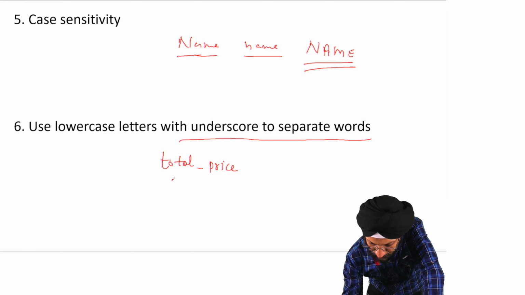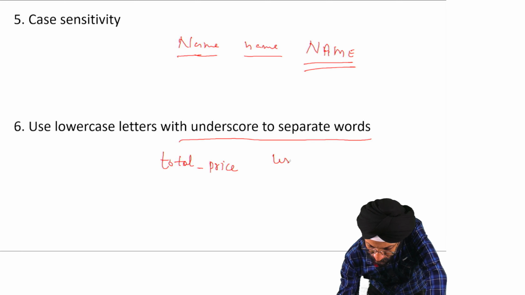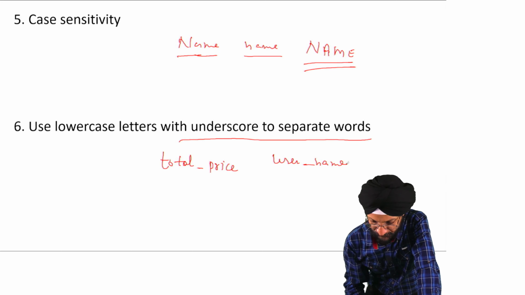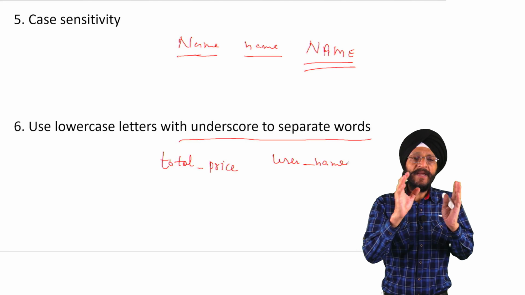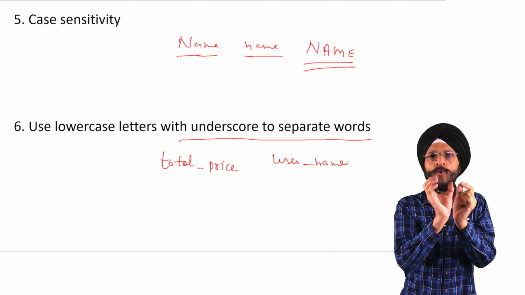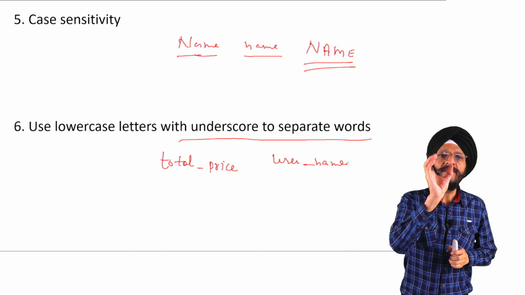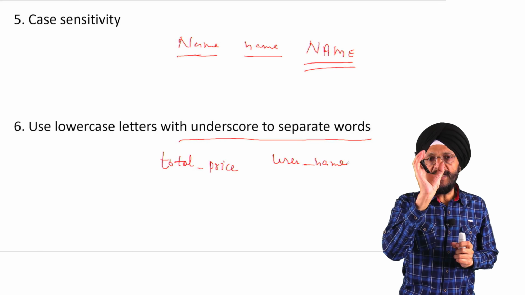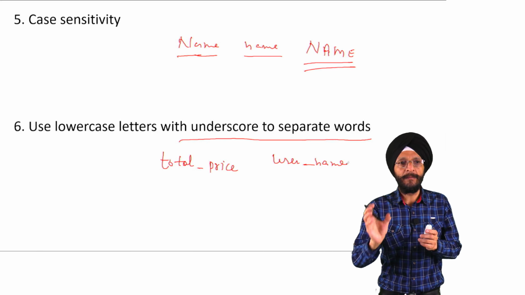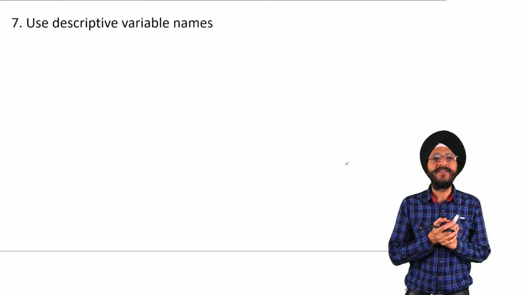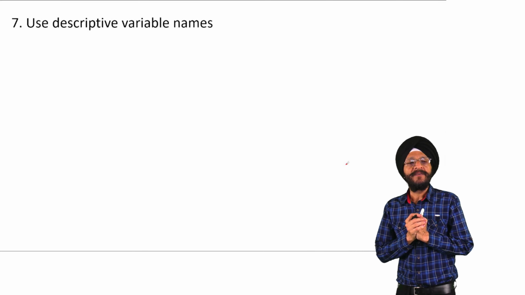If we write username, we write user_name. Using underscore in between the words makes the variable name properly readable.